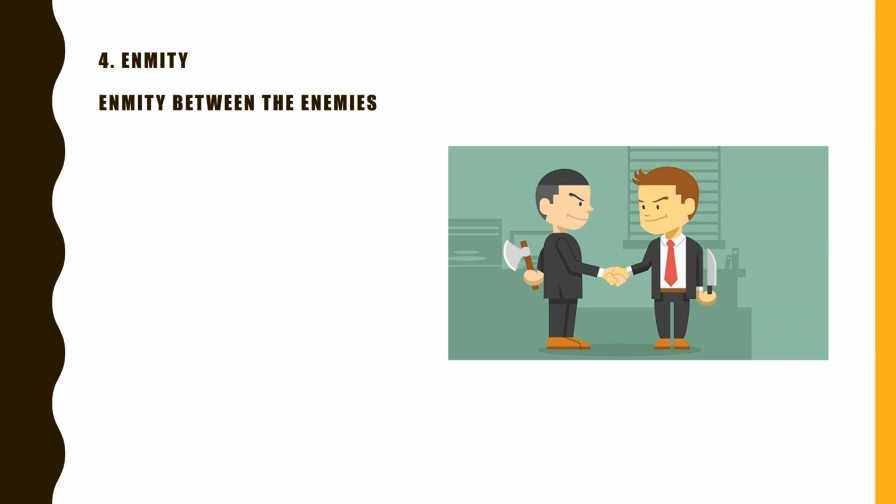Enmity. Enmity between the enemies. The enmity is the ill will or the hatred. And we use the word enemies because it looks similar to enmity. Most of the letters are the same, so it shouldn't be too hard to memorize this phrase, enmity between the enemies. We can look at some sample sentences.